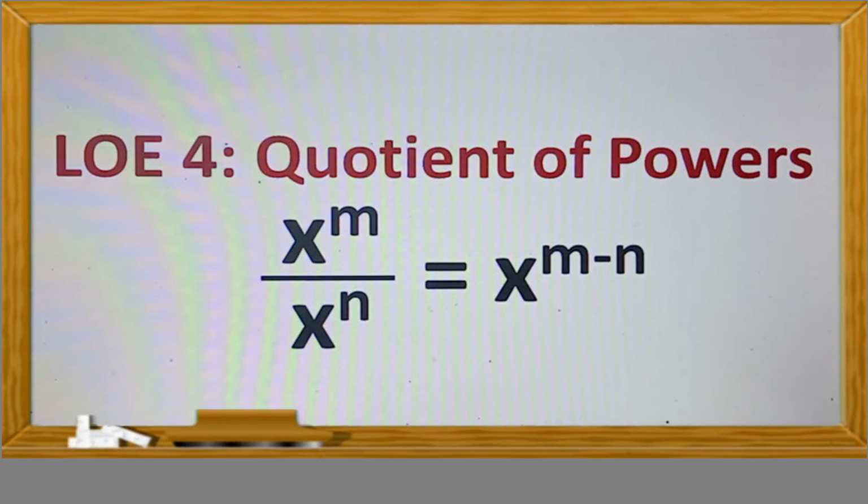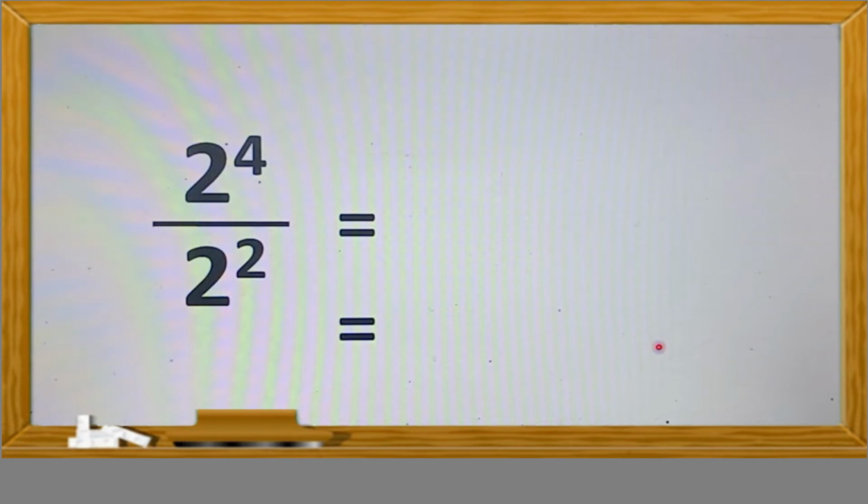Next, we have the quotient of powers. Let's see the demonstration. We have x raised to m over x raised to n is equal to x raised to m minus n. We subtract the exponent of the denominator from the exponent of the numerator. Example: 2 raised to 4 over 2 raised to 2.